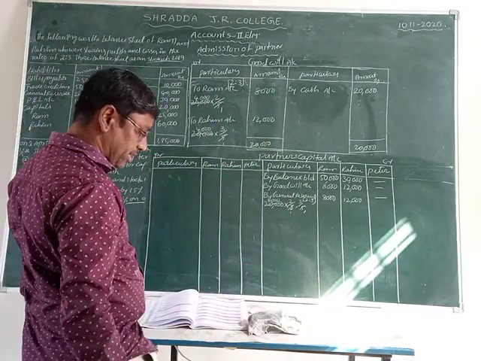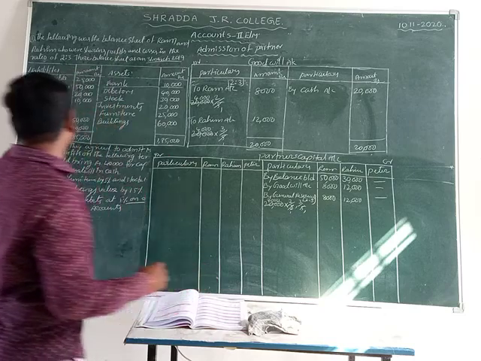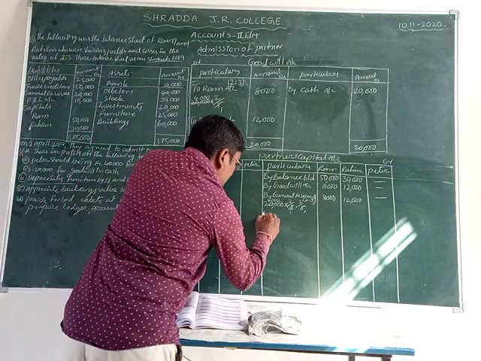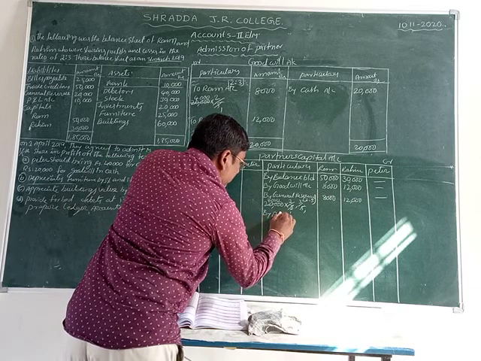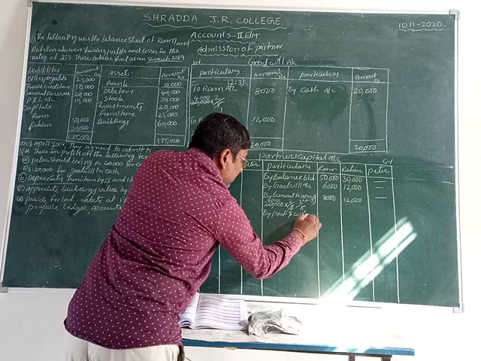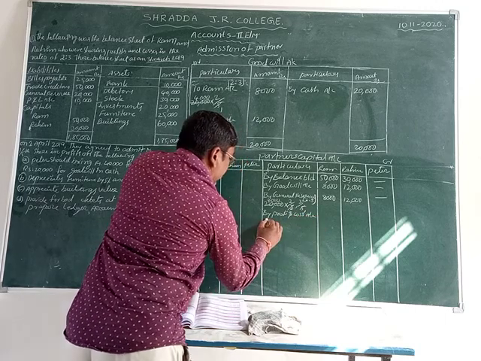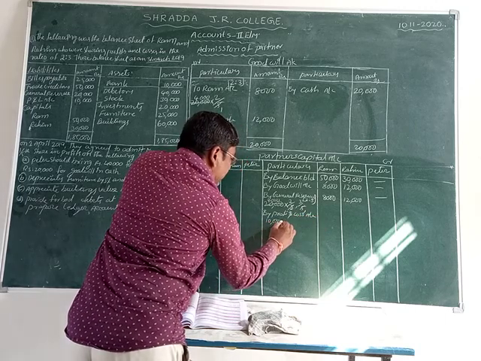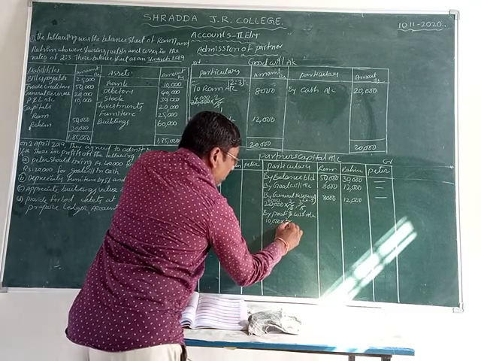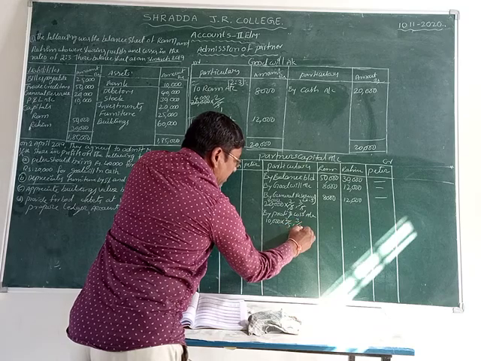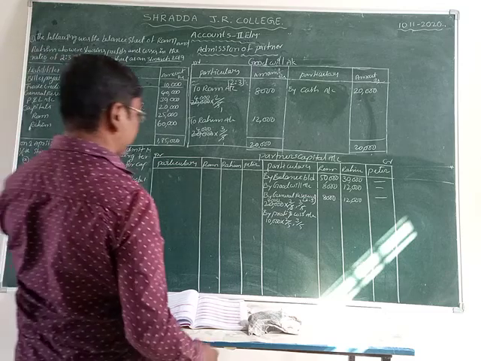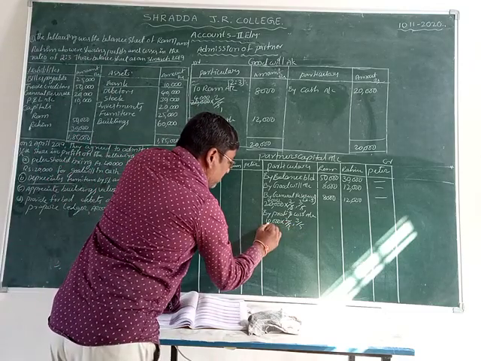Now next one we are taking. Here what is given? Profit and loss account. Let us take by profit and loss account. What is the value of profit and loss? 10,000 rupees, and what is the sharing ratio? 2:3. 2/5 comma 3/5. 2/5 is Ram, 3/5 is Rahim. 5 ones are 5, 5 twos are 10.